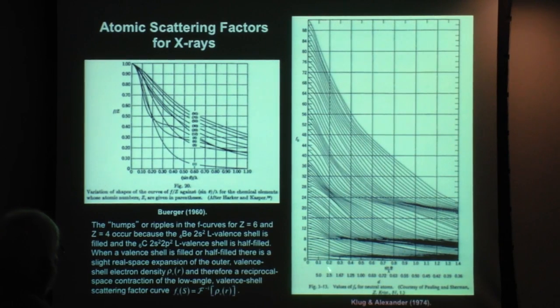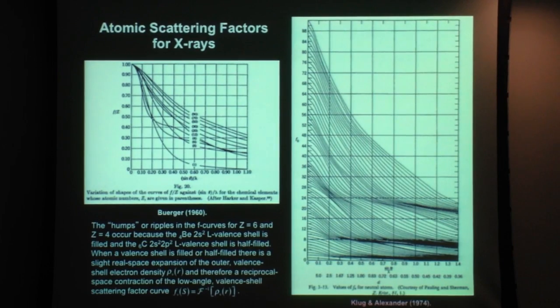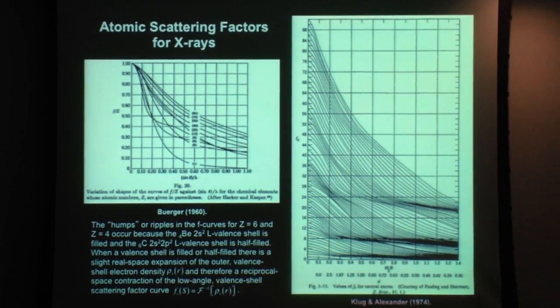And then if we put them all on a basis where the vertical axis is the atomic number, the intercept of all of these scattering factor curves, and I think this includes everything up to uranium, if I remember. So we see the behavior of the scattering curves. We see that there are these interesting deviations away from just a smooth normal error curve.